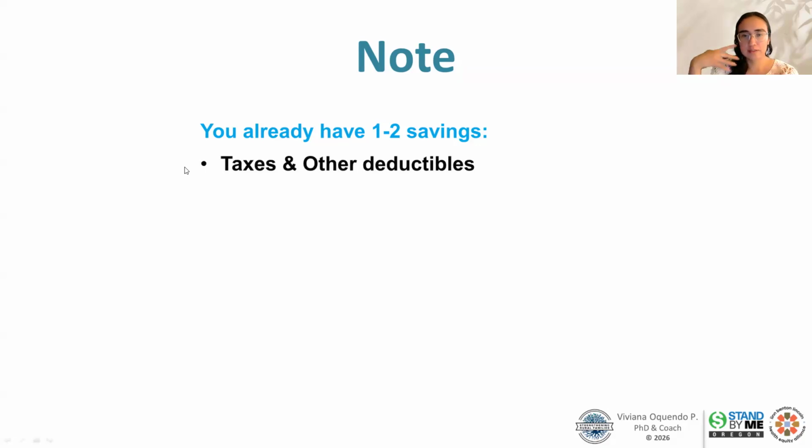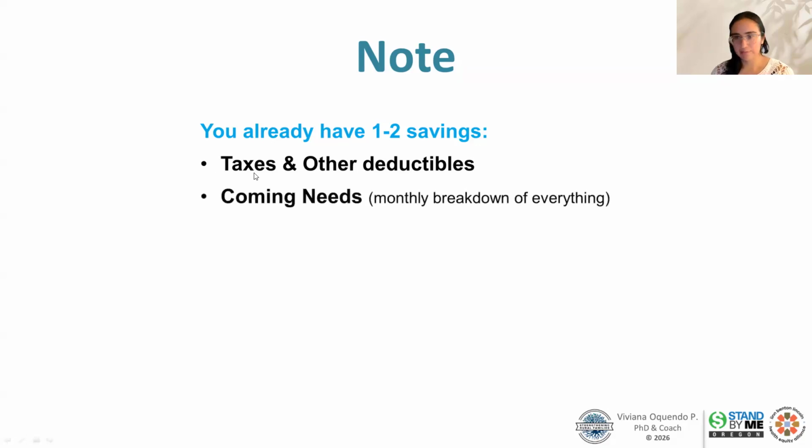One is for taxes or other deductibles that we need to take before we start spending on our purposes. That depends on how you work with your income and how the deductions work.